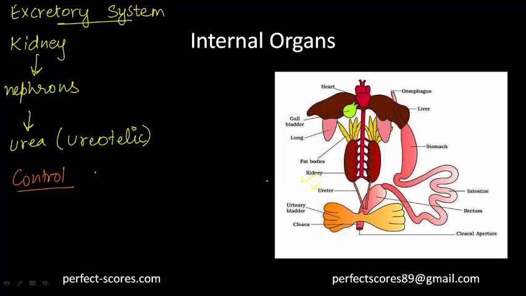It has both the neural system and the endocrine glands. So two parts of the control and coordination systems in case of frogs.